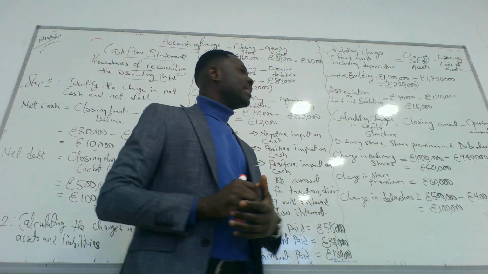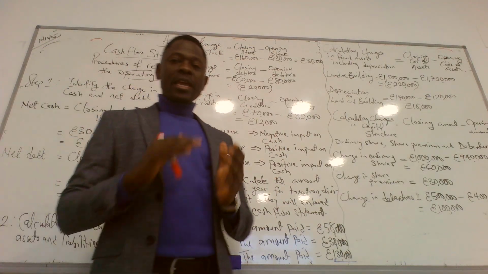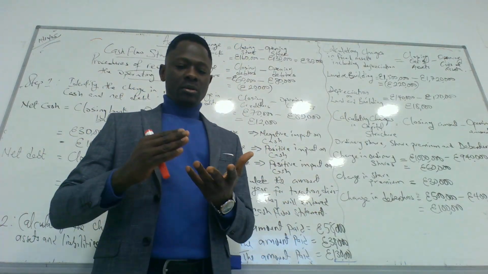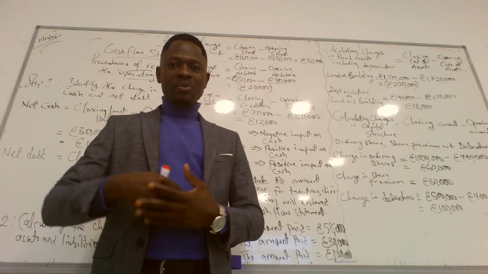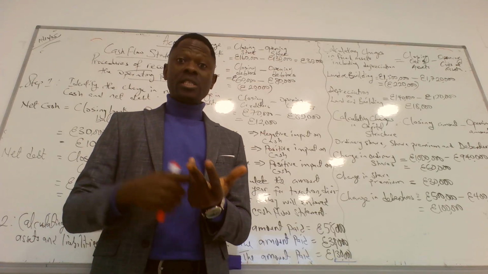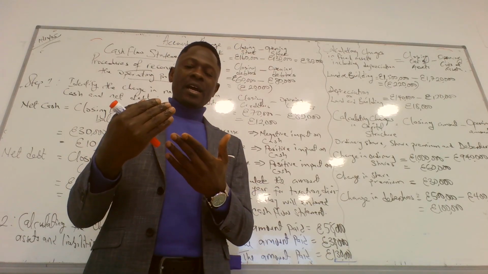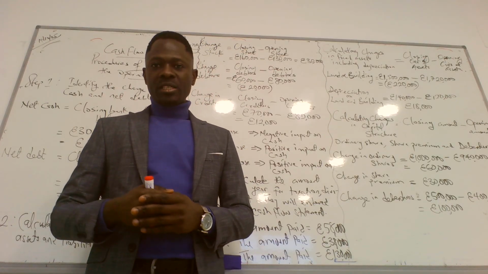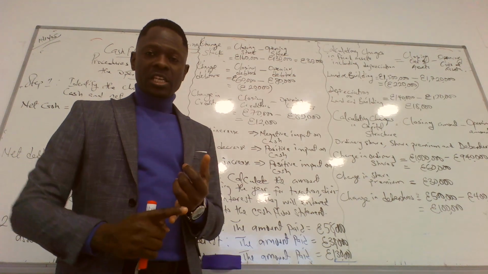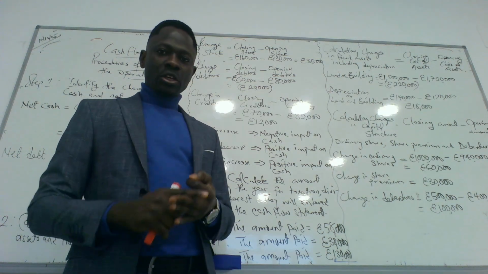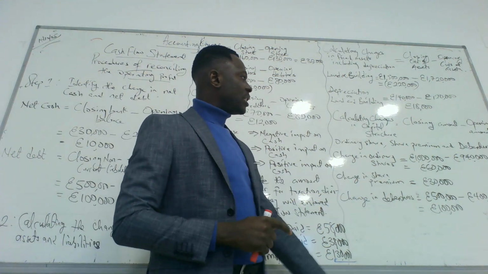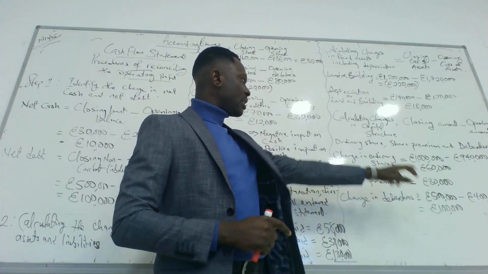Then we have to calculate changes in the capital structure. A company would inject cash into the business through either loans, which are long term, or sales of shares, or probably an increase in the nominal value of the shares. So we're talking about the ordinary shares, the share premium, and debentures. Changes in ordinary shares, the closing minus opening, is 60,000.